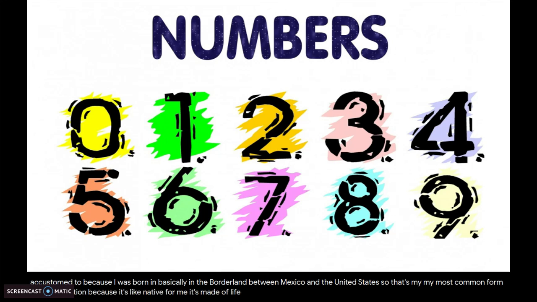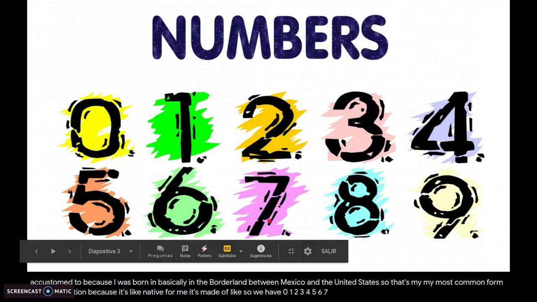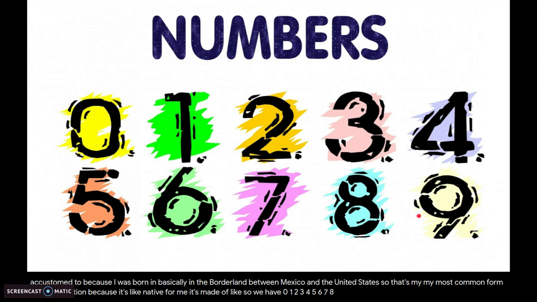So we have 0, 1, 2, 3, 4, 5, 6, 7, 8, and 9. Remember, 0 is also called O for phone numbers, all right?